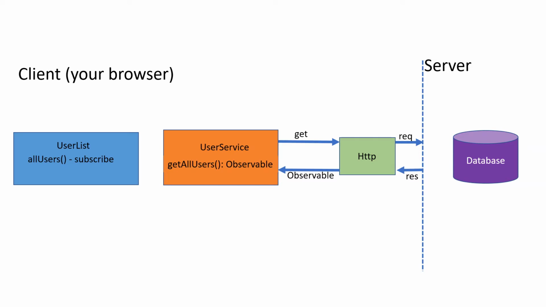And if that method wants to fetch the records which are set in the observable, then that allUsers method, or whatever method it is, has to subscribe to the observable. After subscribing, it will get all the values, and then that component can store them in its local array or array of objects. It depends upon the implementation and the requirement. So in our case, we'll fetch everything and keep it in our users array, this one.